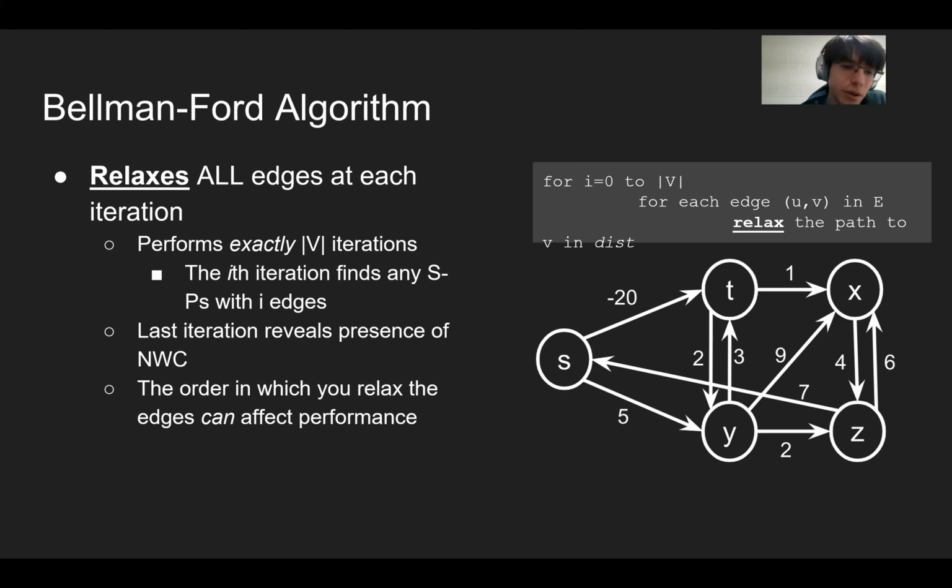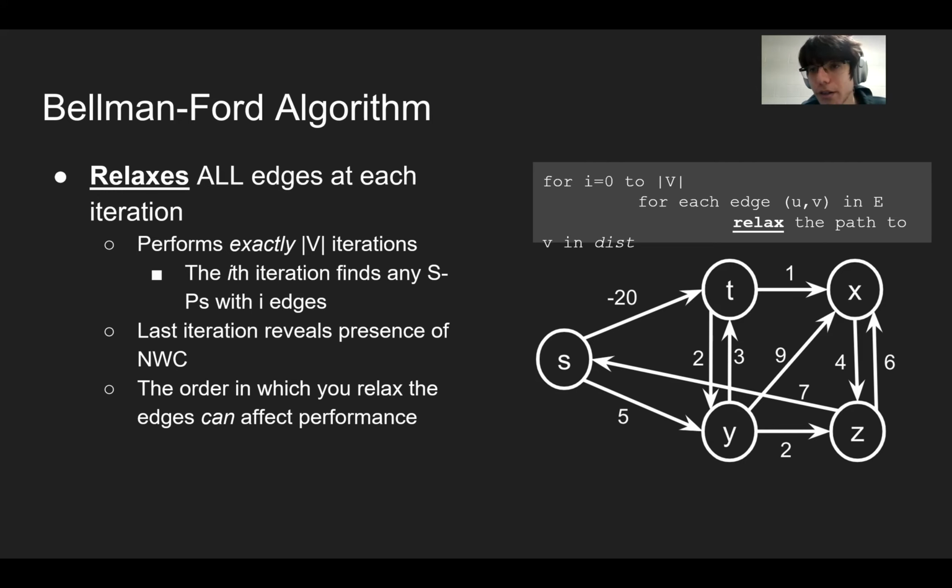At the ith iteration, we're going to relax any edges we haven't relaxed already. We do V minus 1 iterations to find the values. And at the Vth iteration, the very last one, that's when we detect whether there's a negative weight cycle.